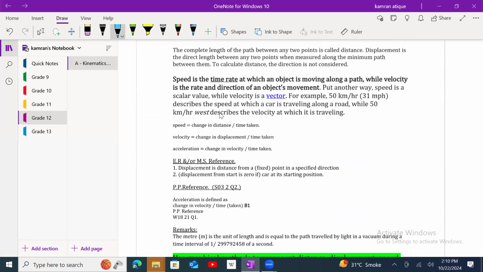Just suppose we are moving from town A to town B, and imagine there's a straight road from town A to town B, and then from town B to town C, because we have to meet someone in town B and then go to town C. The distance covered will be the distance from town A to B plus the distance from town B to C. But as far as displacement is concerned, it means the straight line which joins A to C.